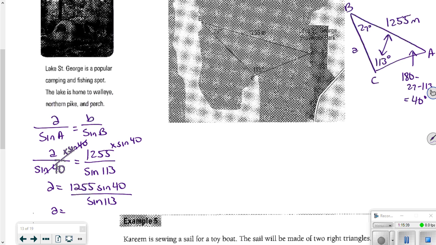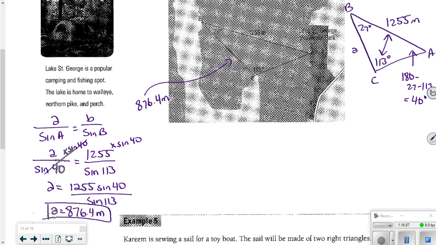So A is 876.4. The 1255 was in meters, so this is also in meters. So this is one of our sides. So this side right here, 876.4 meters.